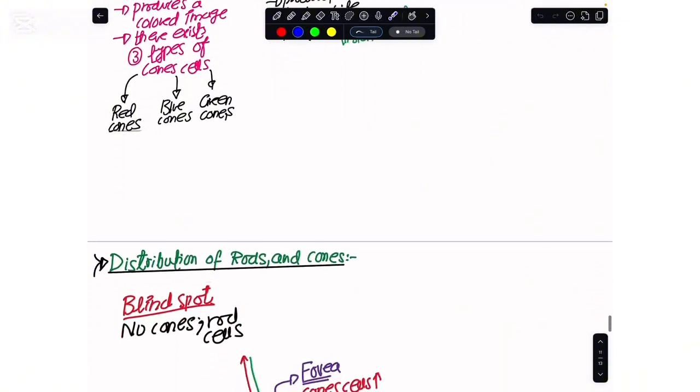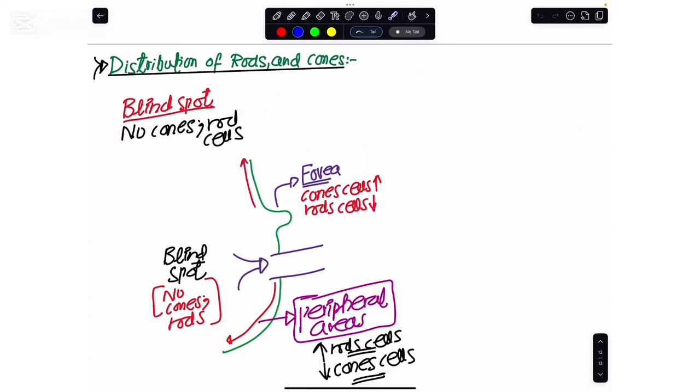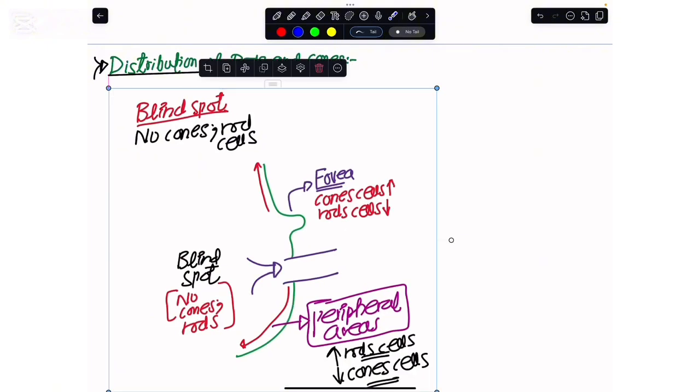Now, the examiner is interested that the student must know how the distribution of the rods and the cones varies in the retina. Here we have the retina, and then there is this fovea. The dip that we have in the retina is referred to as the fovea.